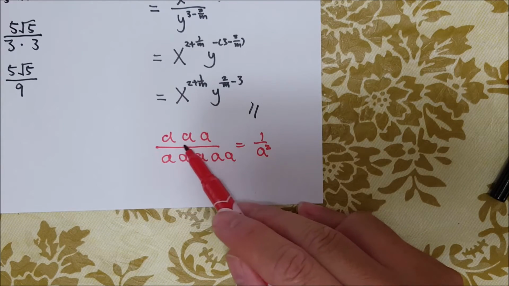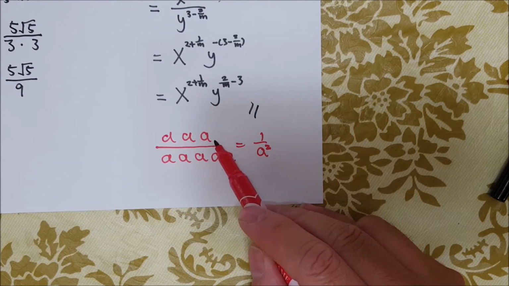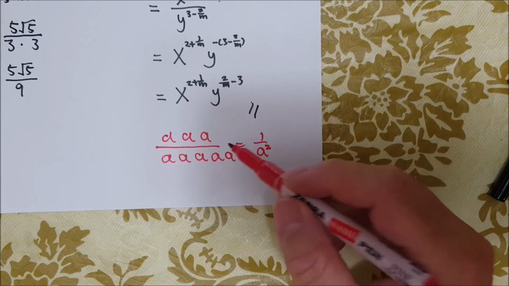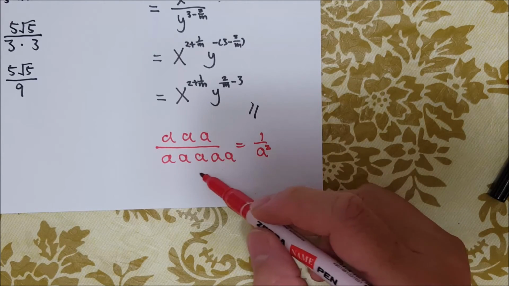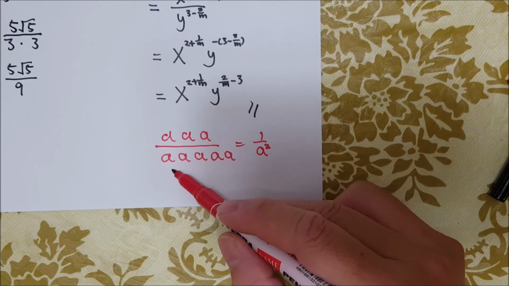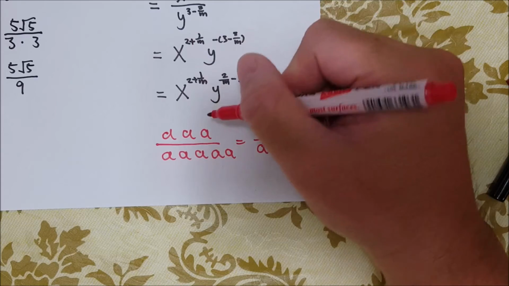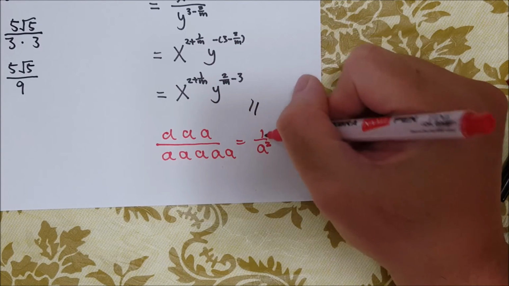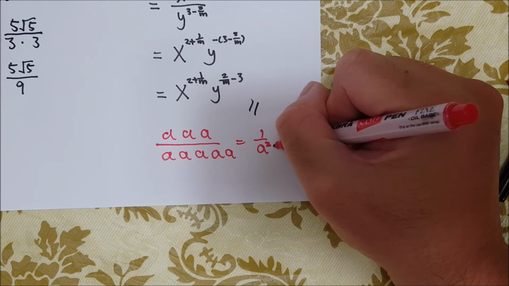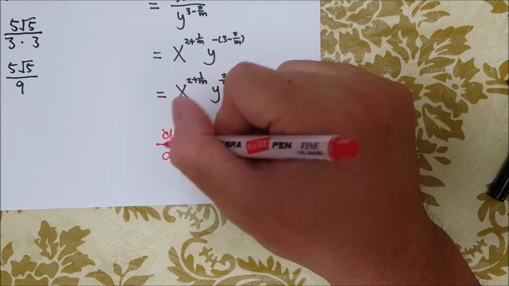There are 3 a's multiplied together in the numerator, and the denominator has 5 a's. By simplification, we can have 1 over a squared, like this.